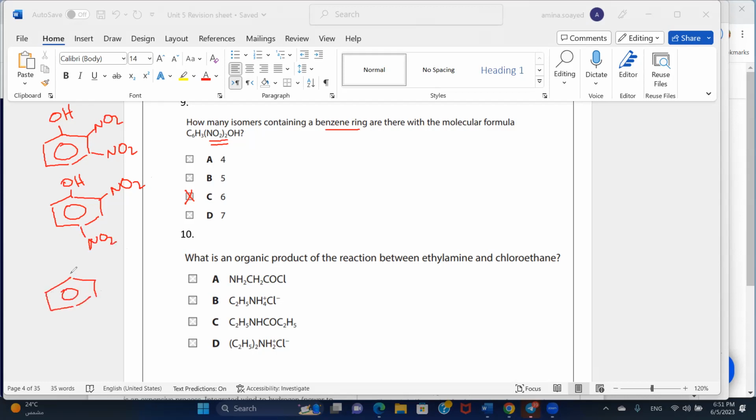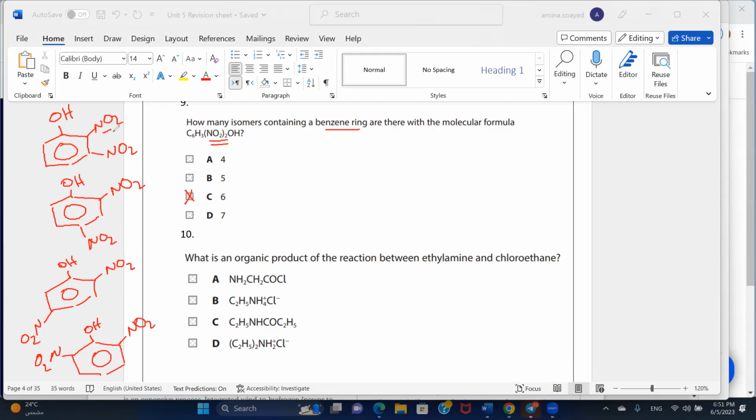We have an OH, the NO2 is here, and we change the other NO2 to be here. So these are 4 isomers where we kept one of the NO2 at position 2 with respect to the OH, and we changed the other.